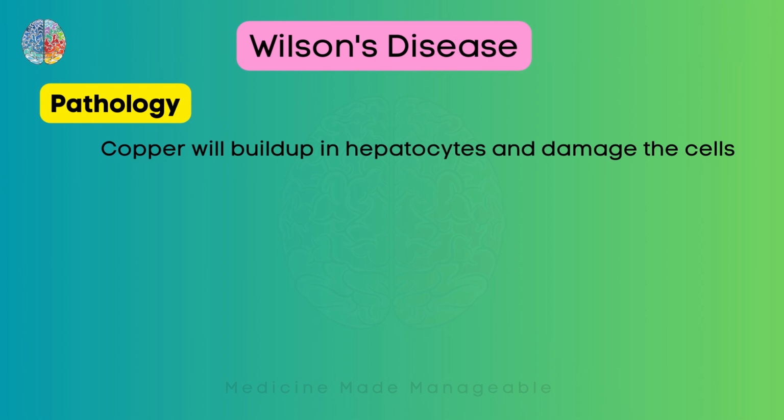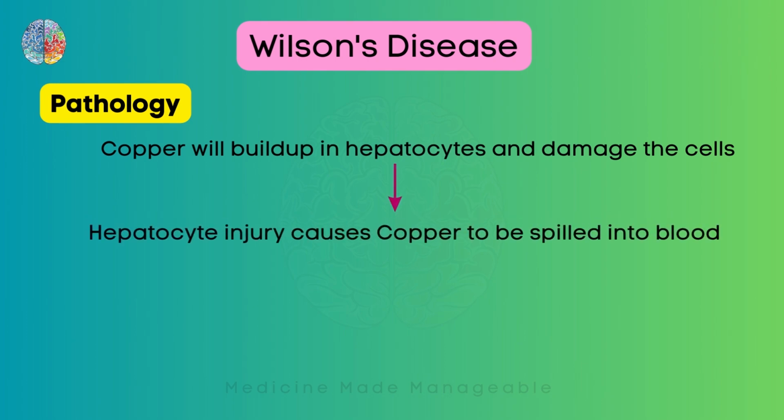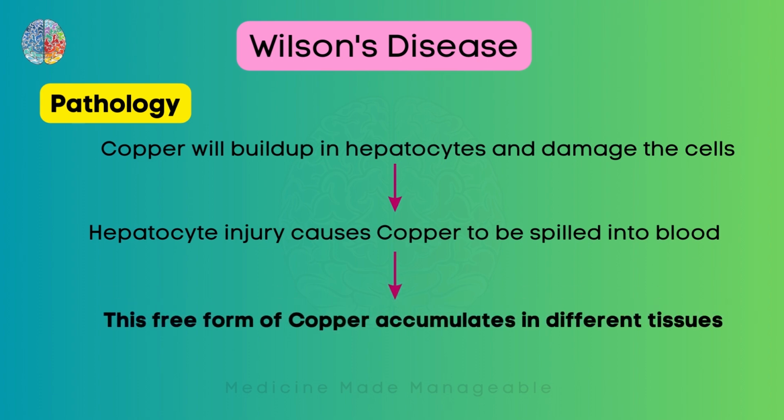Due to accumulation of copper and formation of free radicals, the hepatocytes will get injured. The copper, which is now in free form and not bound to ceruloplasmin, will leak into the blood, and this free copper which is released will accumulate in different tissues and will cause a lot of problems.